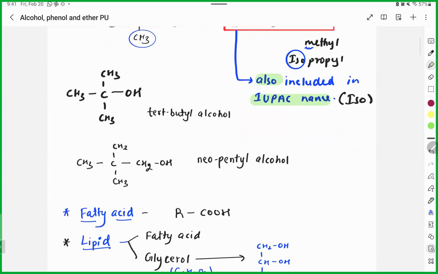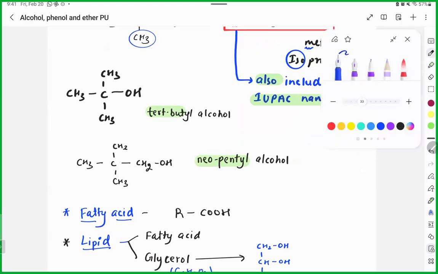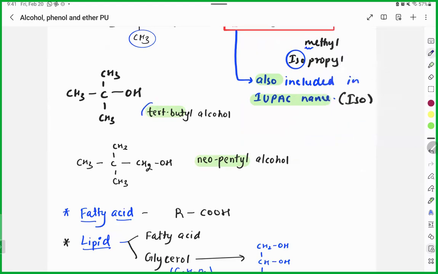You already know about the tertiary structure and neo structure. Chandana, what is the difference between tertiary butyl and neopentyl? Sir, in neopentyl, there is an extra CH2.